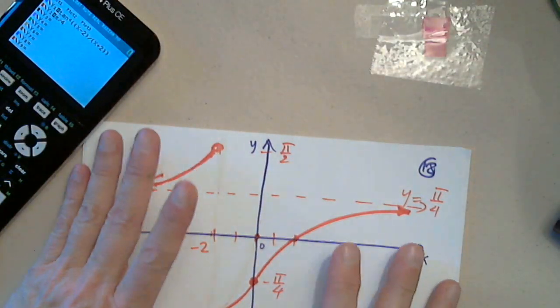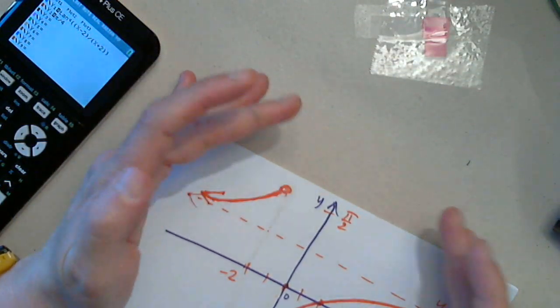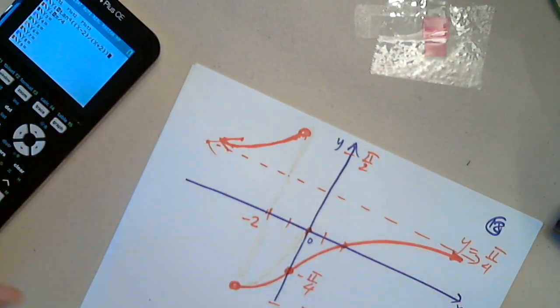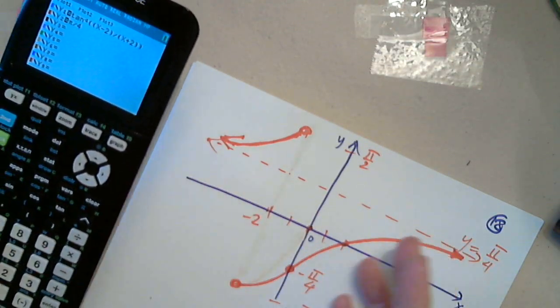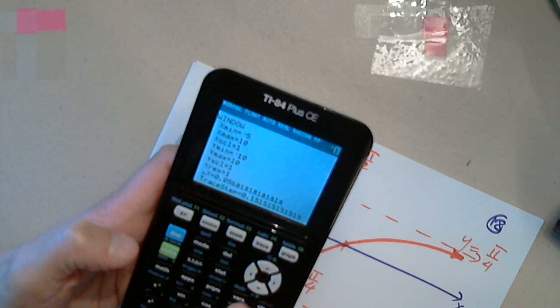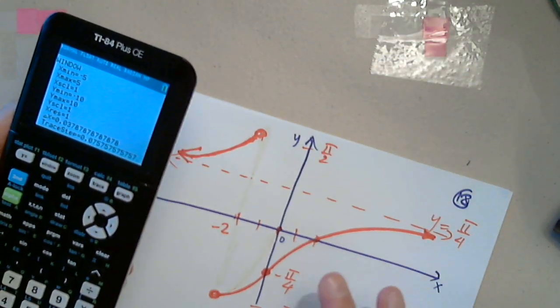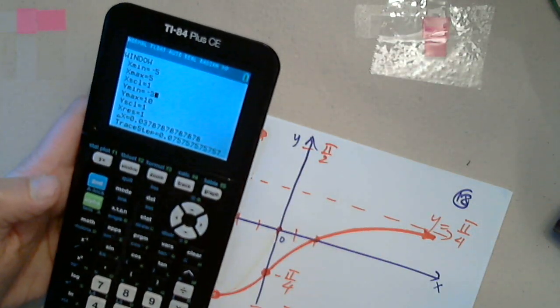And now I need to choose a viewing window. So I don't want to go higher than +2 and not lower than -2 for y, and -5 to 5. So window, -5 to 5 with a scale of 1, and I want -3 to +3.